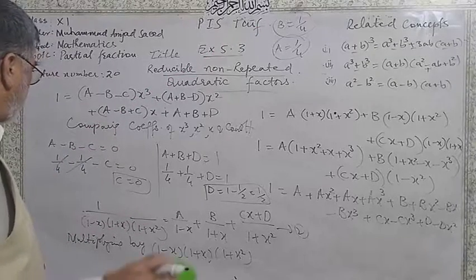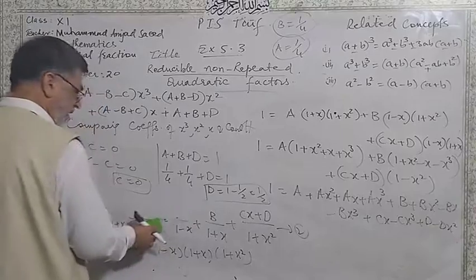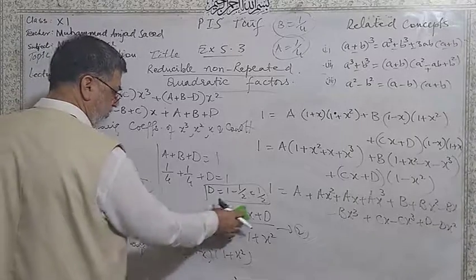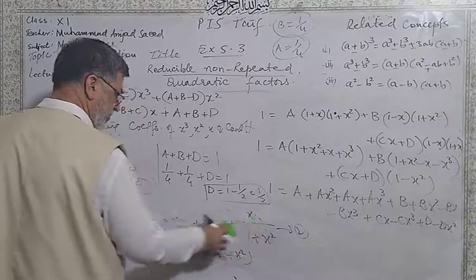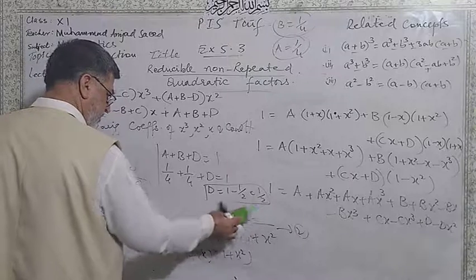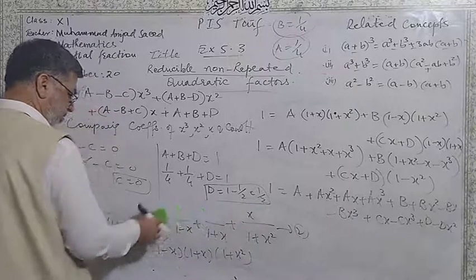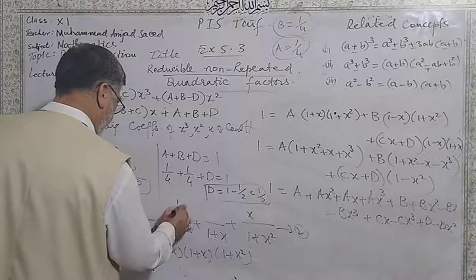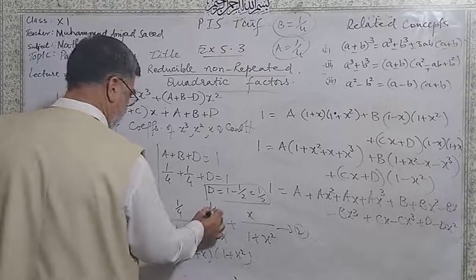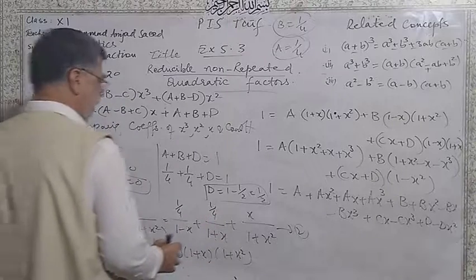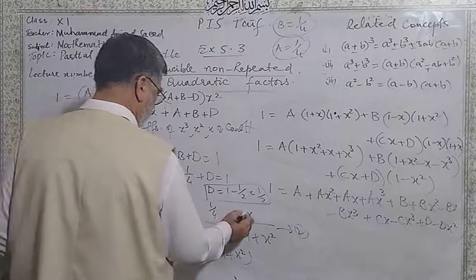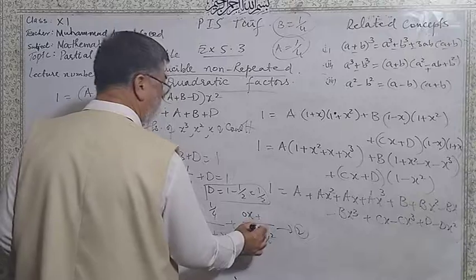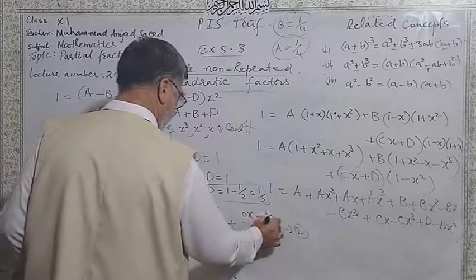Putting the values of a, b, c in equation number 2, I am writing down the constants. A is 1 over 4, b is 1 over 4, cx, c was 0, 0x plus d is 1 over 2.